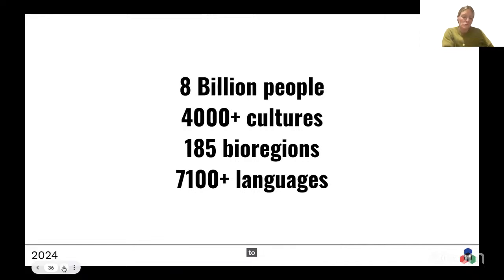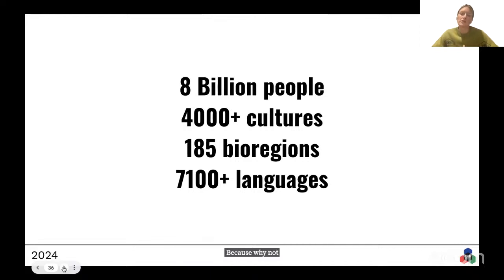So if we move from this homogenization of culture and goods that we now have inside this really extractive approach to design and manufacturing, we start to open up space for these 8 billion people to be involved in design. Because why not?